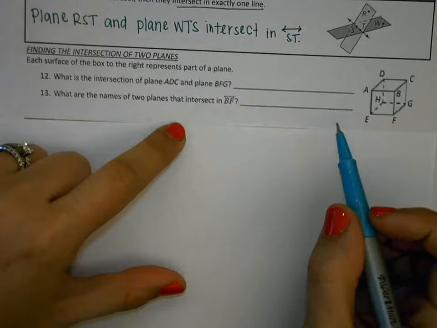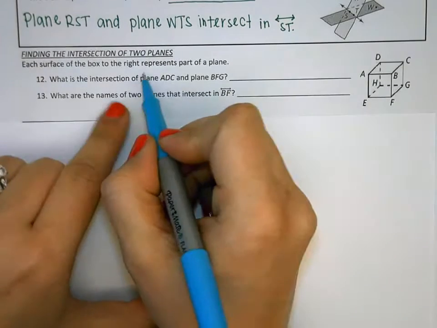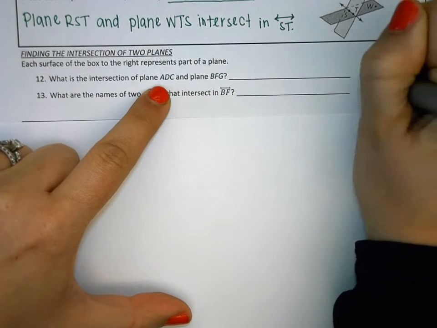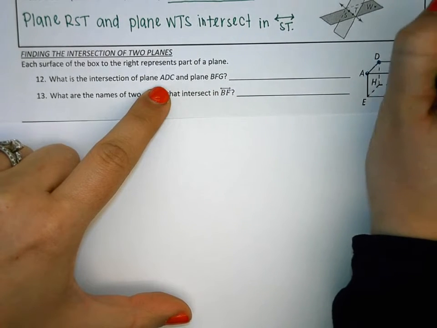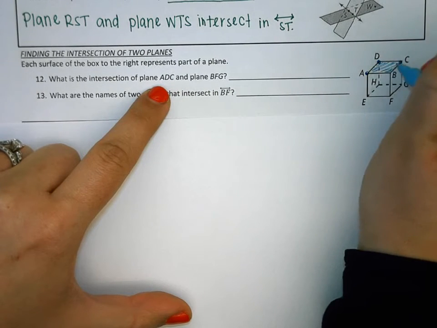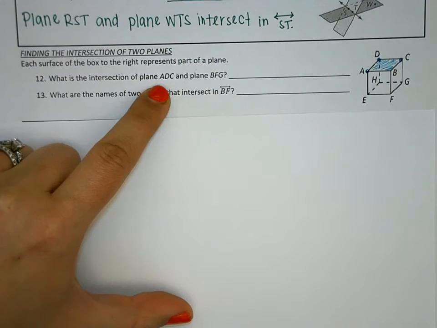What is the intersection of plane ADC? So the plane that contains points A, D, and C would be this plane right here, correct? The top part. And I'm going to use a different color.